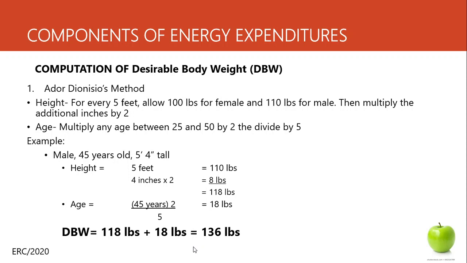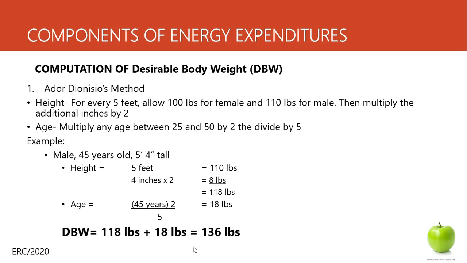Then for the age, the individual is 45 years old. So you have to multiply it by 2, then divide it by 5. So we are arriving with 18 pounds. So for the desired body weight, 118 pounds plus the 18 pounds is equal to 136 pounds.